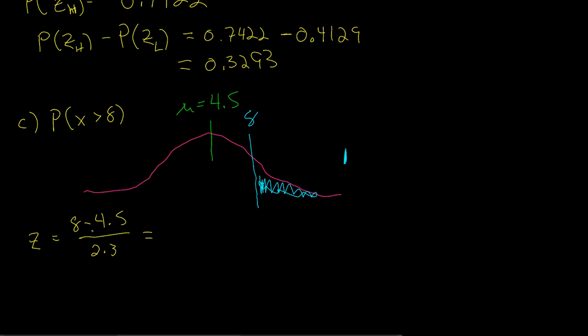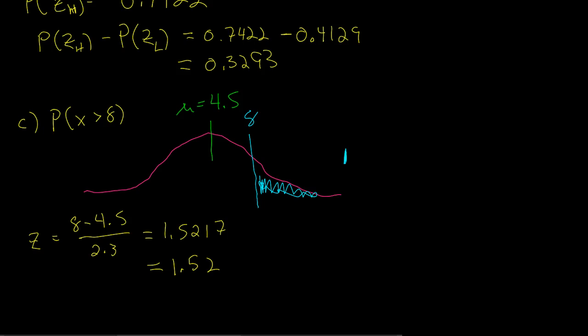Our x value minus our population mean divided by the standard deviation of our population. So 8 minus 4.5 divided by 2.3 is 1.5217 and so on, but we only need 2 decimal places, so 1.52.